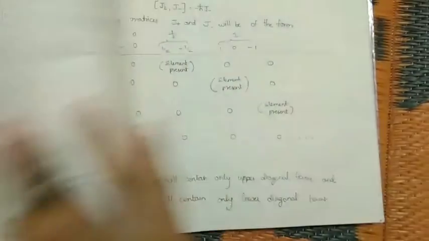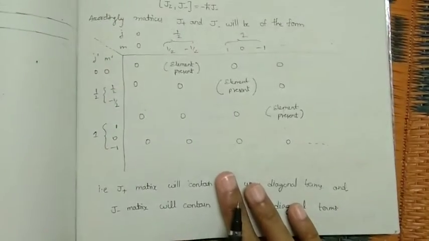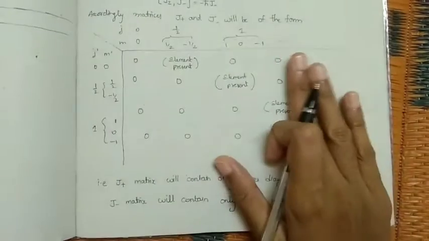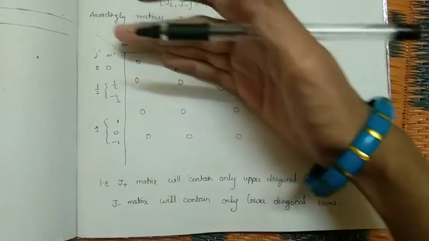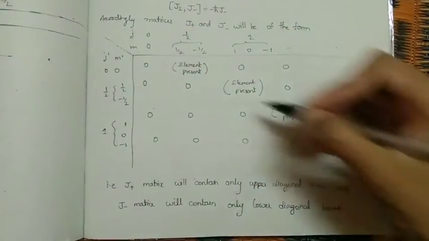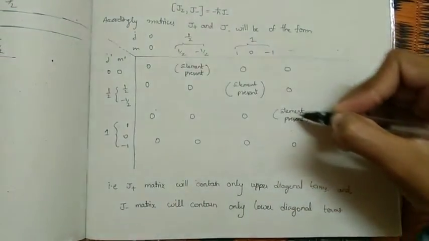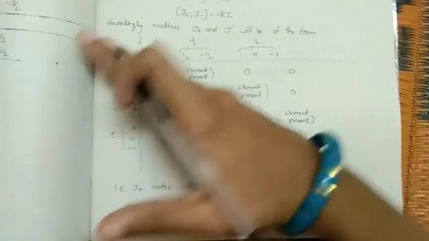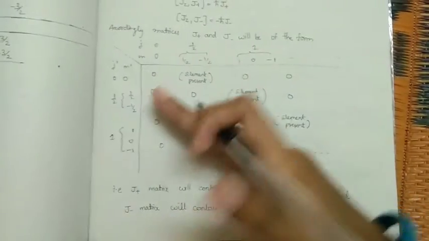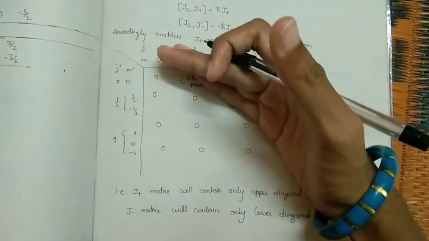But in the case of the J plus matrix, principal diagonal elements are also 0, and the remaining elements are also 0 except the upper diagonal elements. If this is the principal diagonal, then this would be called the upper diagonal, and this the lower diagonal. So for the J plus operator, upper diagonal elements would be present.